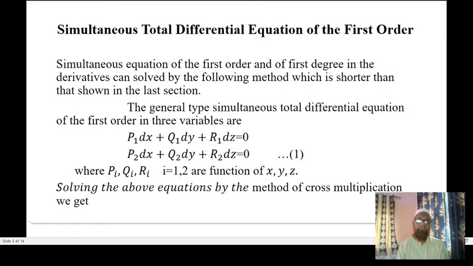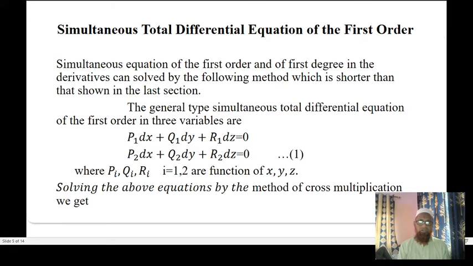The general type of simultaneous total differential equation of first order in three variables is p1 dx plus q1 dy plus r1 dz equal to 0, p2 dx plus q2 dy plus r2 dz equal to 0. Here pi, qi and ri, i equal to 1, 2, are functions of x, y, z.